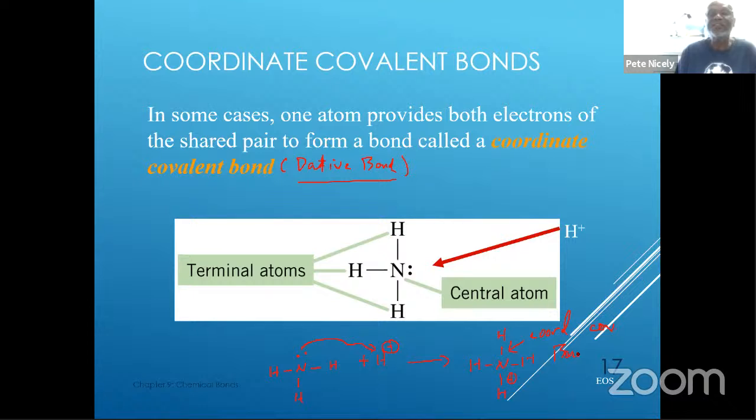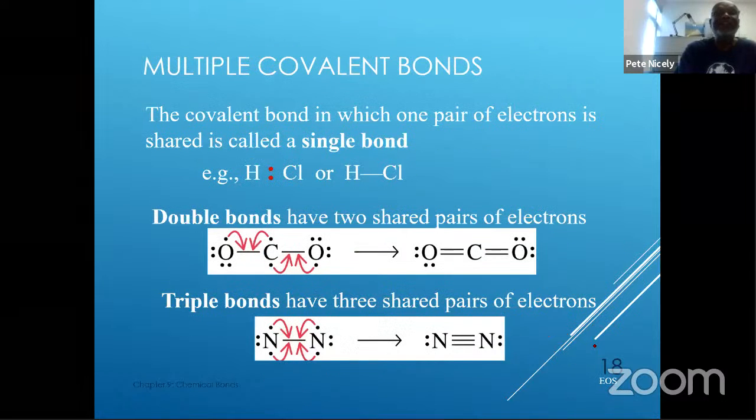All right. So there are some instances where that will happen, where both electrons will come from one atom, donated to another atom, and the bond that is formed as a result would be the coordinate covalent bond, right? It's still a covalent bond, but it's different because both electrons are coming from one atom. Okay, so that's just a little thing I need to discuss with you, coordinate covalent bonds, all right?